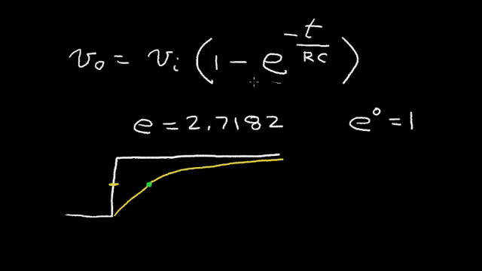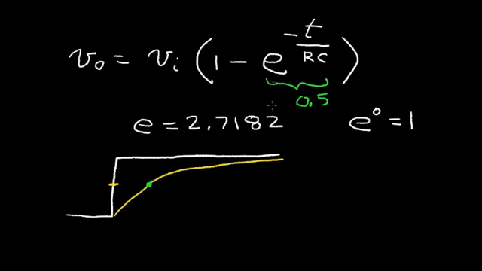Now, when the output voltage is equal to 1/2 the input voltage, this term here will be 0.5. 1 minus 0.5 is a half, times VI gives us a V out of a half.